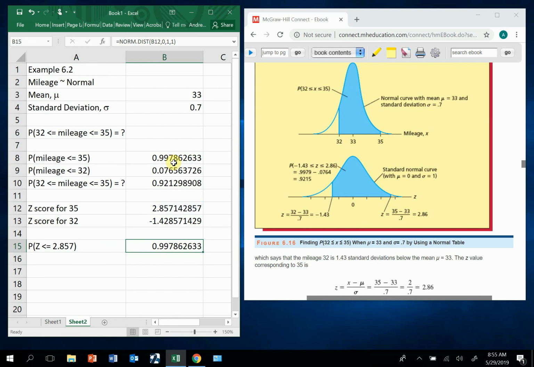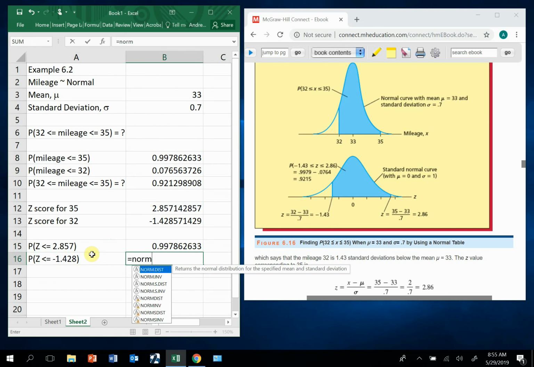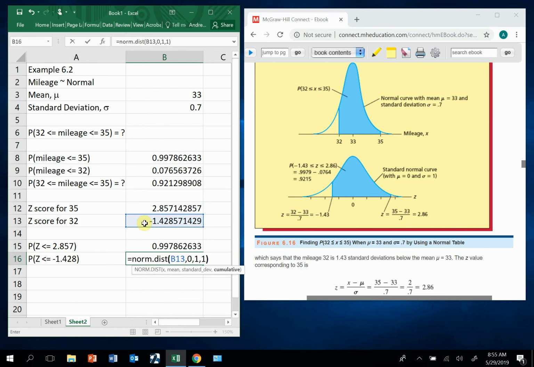And look at that, that number is the same as this one. So we're solving the same problem after we converted it. Z is less than or equal to minus 1.428 equals NormalDist; put in this number, and on a standard normal, 0, 1, 1. There you go, this number is this one.